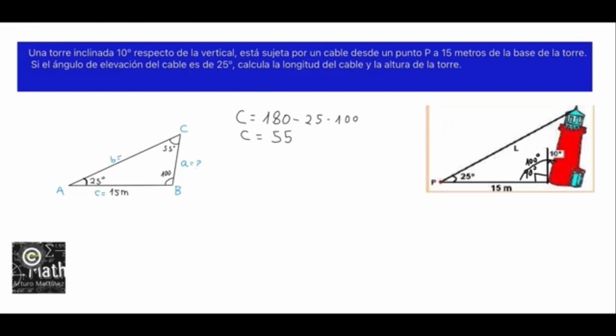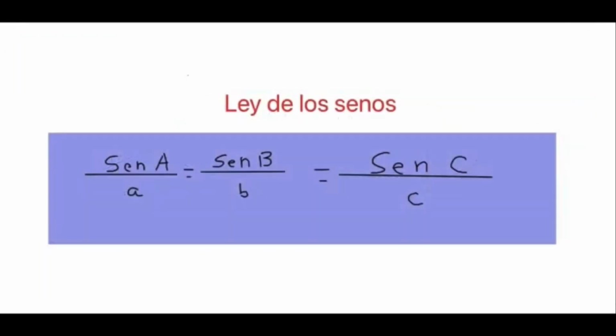Remembering the law of sines, you can find the length of side A and the length of side B, which correspond to the height of the tower and also to the length of the cable that holds it. We can take the part that interests us the most to find some of the lengths.